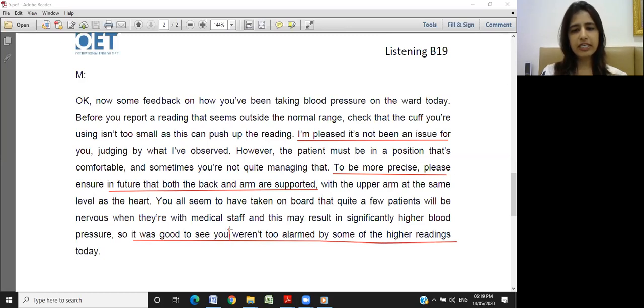And this is always be careful. The negatives will always come like this. You were not alarmed. It's very easy to identify, but you can easily miss the negative there. Okay? So be very, very careful about negatives.